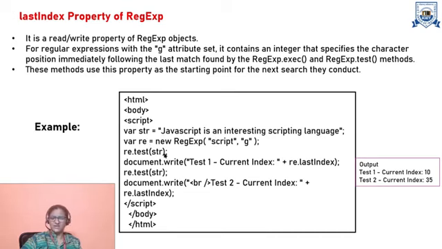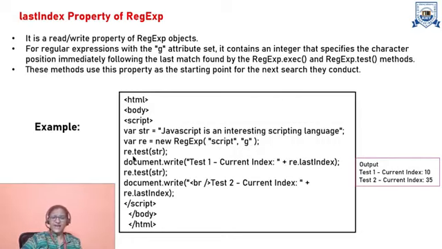Now we have made an object re, a new regular expression, and we have passed the pattern script, along with the identifier g. g for global means it will continue searching till the string gets finished. It will not stop at the first match. So we have to find the script in a global manner.